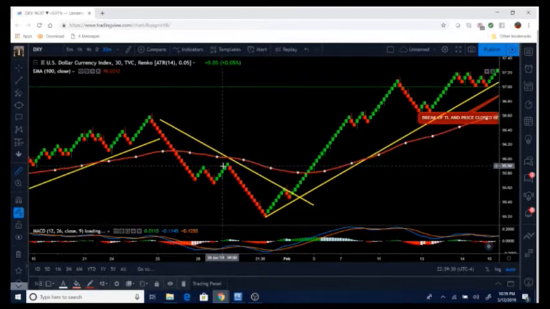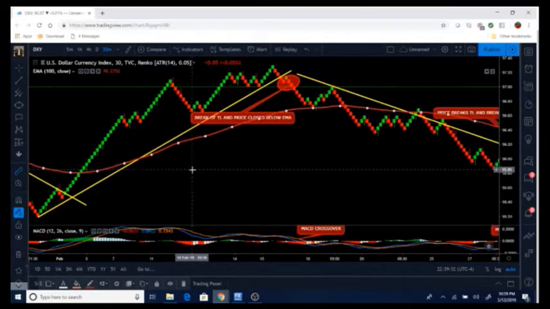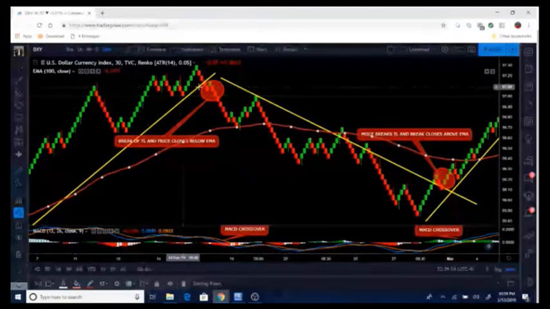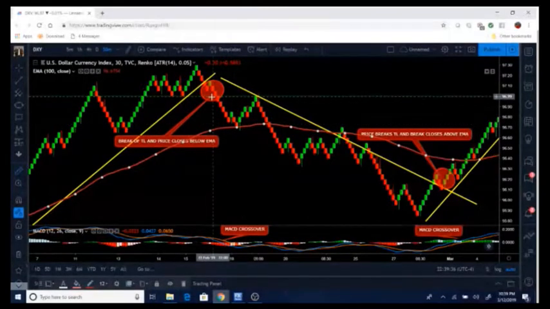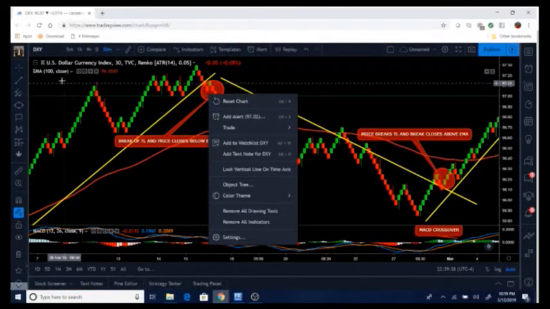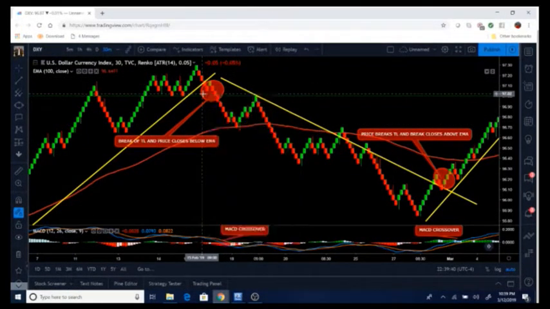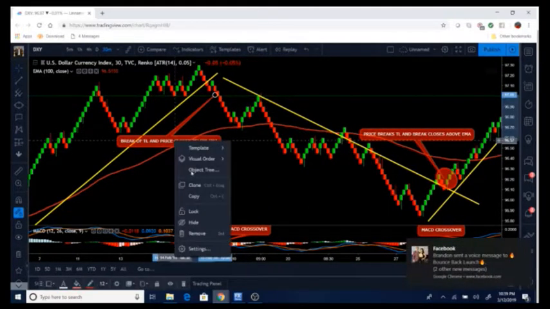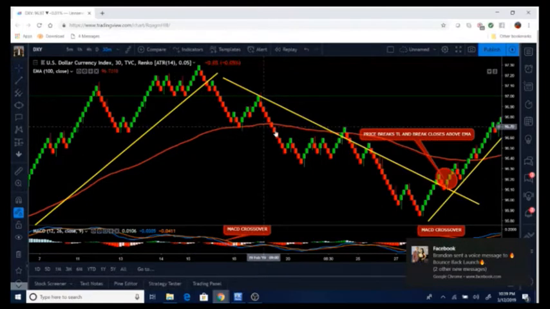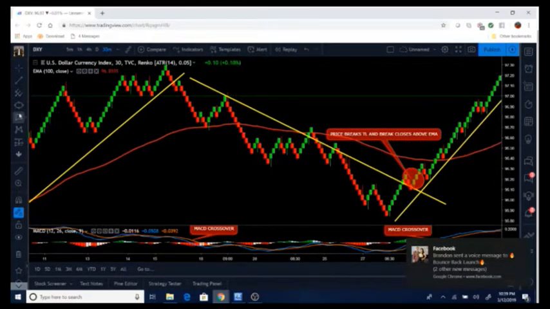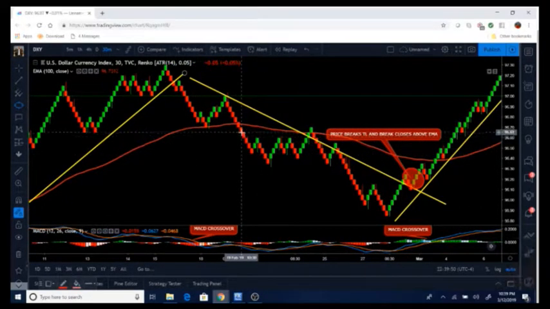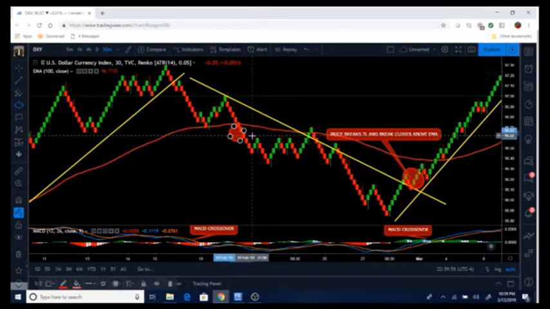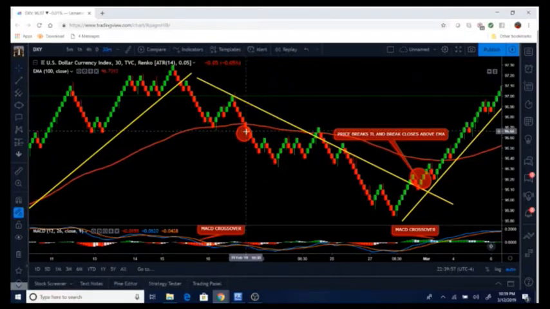So let's say I use the 50 EMA, for example, actually 100 EMA. So now my entry is not here, right? Now my entry is here. Check that out.